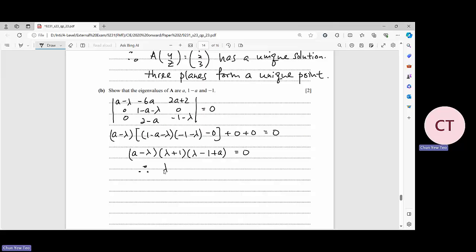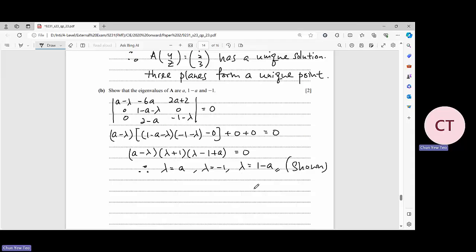So therefore, your lambda equals A, your lambda equals negative 1, and your lambda equals 1 minus A. Shown. Okay, that is the answer for part B.